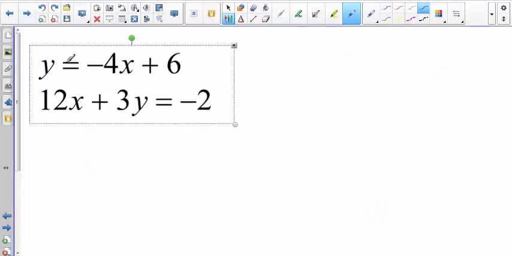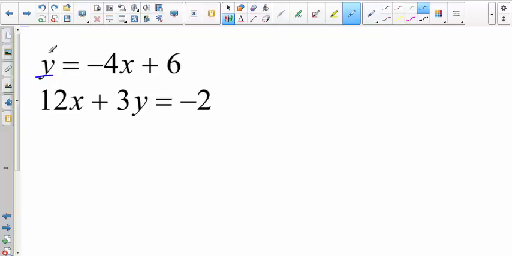The next example that we're going to look at, again, this equation is in slope-intercept form and this equation is in standard form. When you have this combination, it's best to solve this system by substitution because we already have an equation solved in terms of one variable.